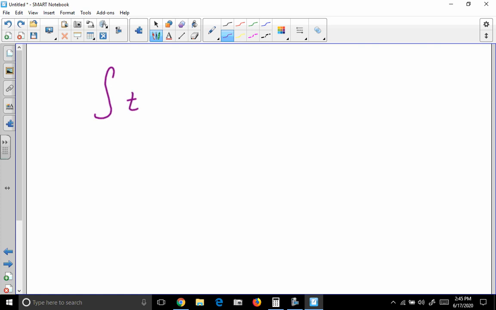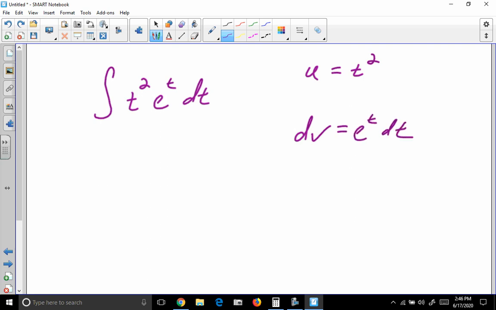If we had t squared e to the t dt, and we're doing it by parts, then we would pick t squared to be u, and we would pick e to the t dt to be dv. So du would be 2t dt. V would be the integral of this, which is just e to the t.